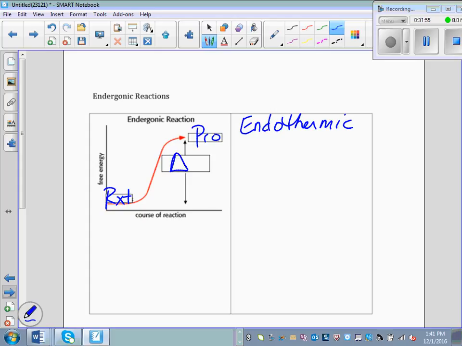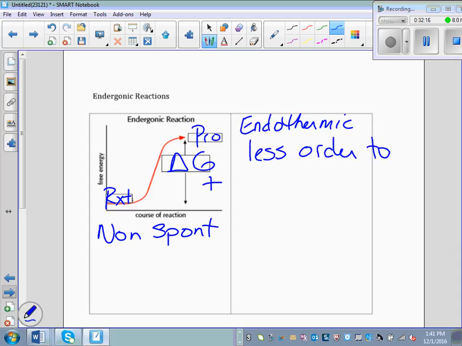This is my delta G. My delta G is positive here. This is an uphill reaction. This is non-spontaneous, because we have to input energy to get it done. So this one goes less ordered to more ordered.